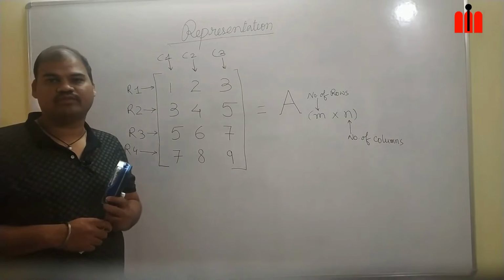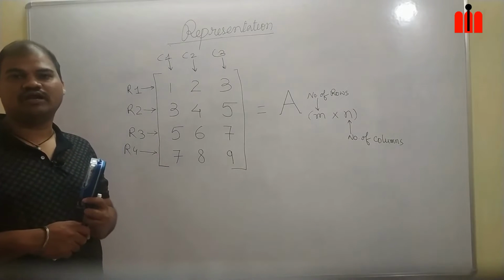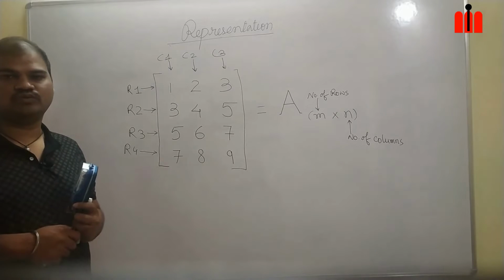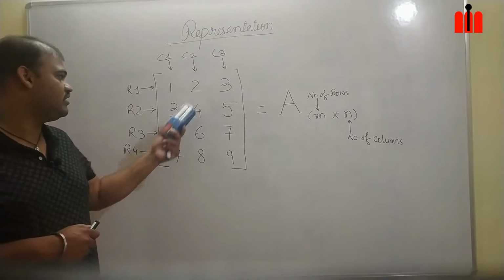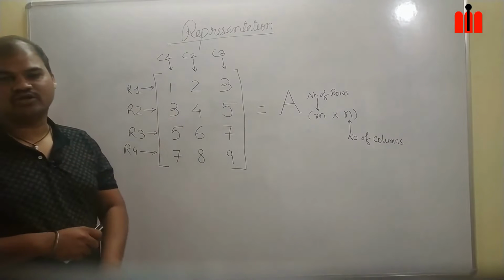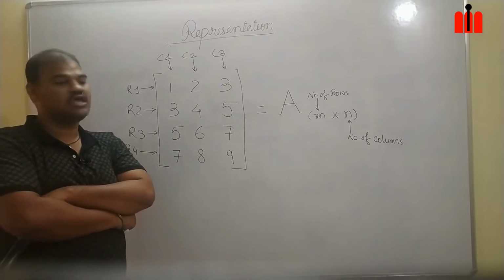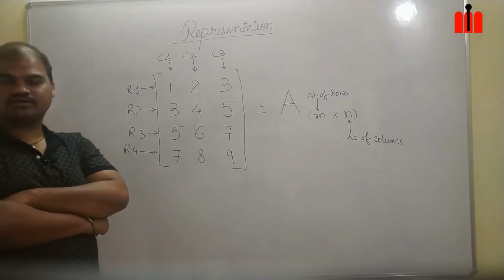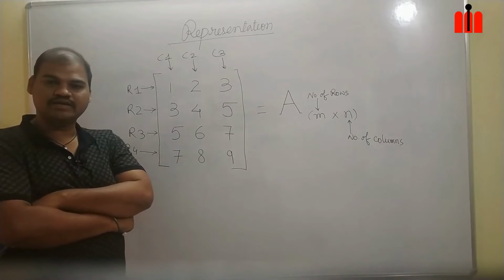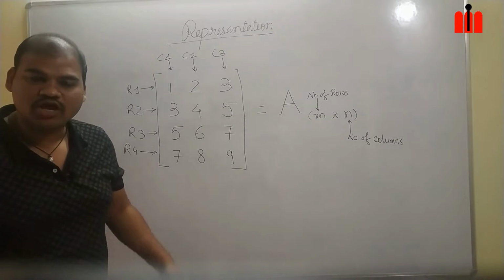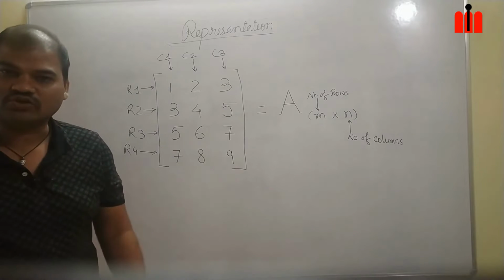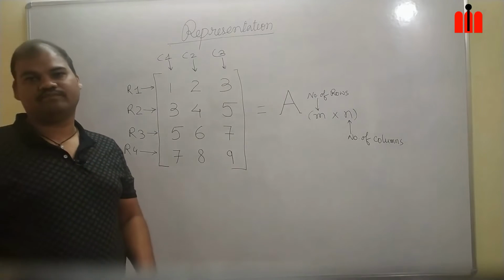Now if I call a number 2, then we can tell its position is here. So what is the position of 2 in this? Position of 2 is first row and second column.